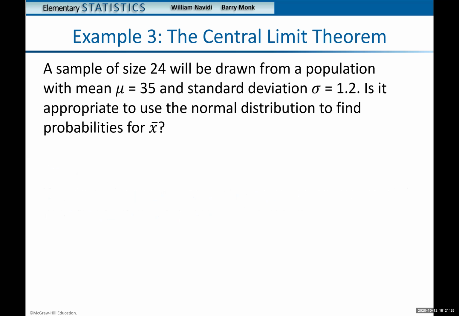Let's try another one. A sample size of 24 will be drawn from a population with a mean 35 and standard deviation 1.2. Is it appropriate to use a normal distribution to find probabilities for the mean? Yes or no?